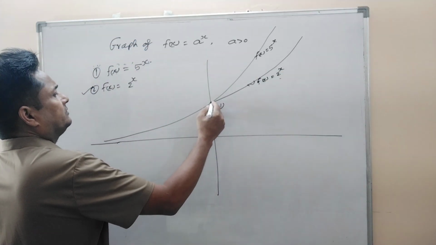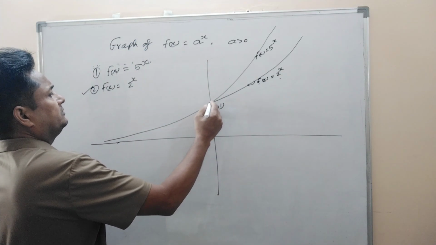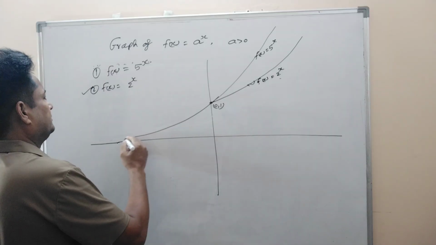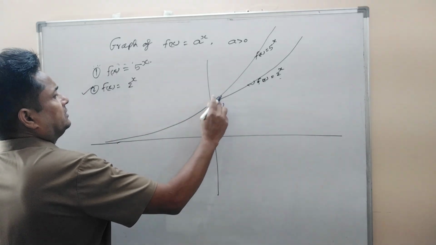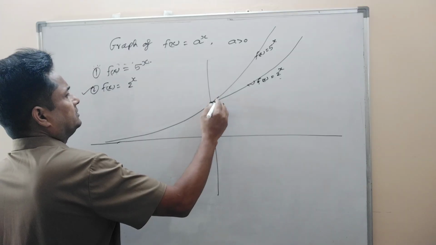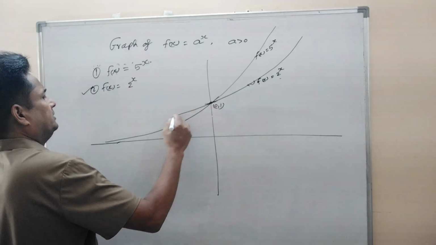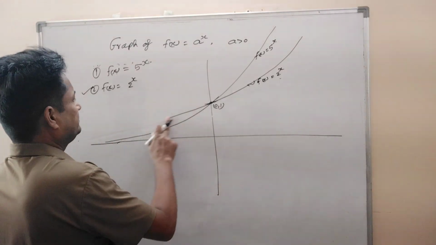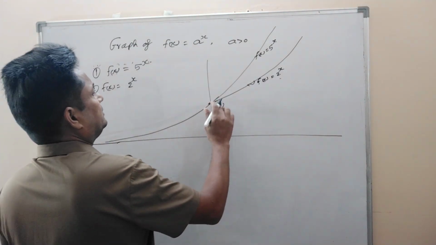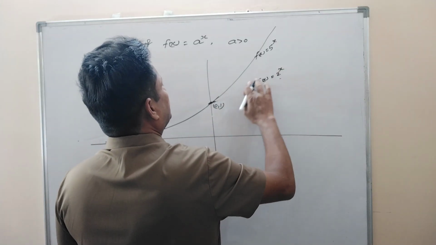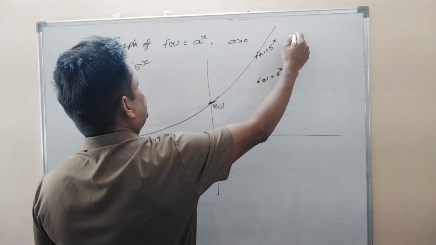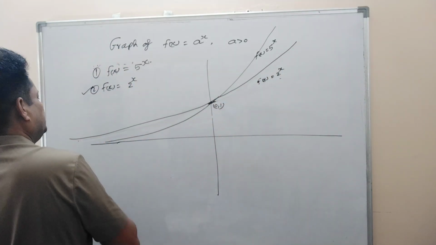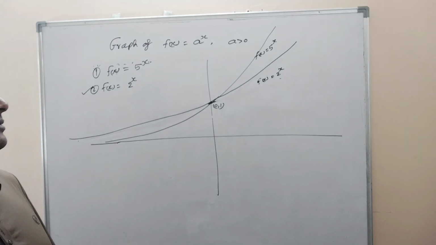If you draw the graph in the same axes, it will look something like this. It will be exponential, this type of graph.